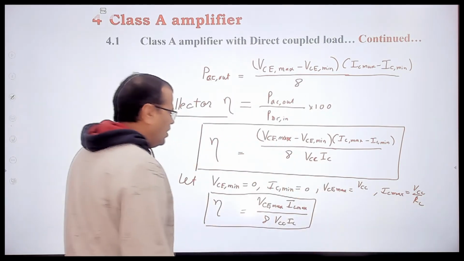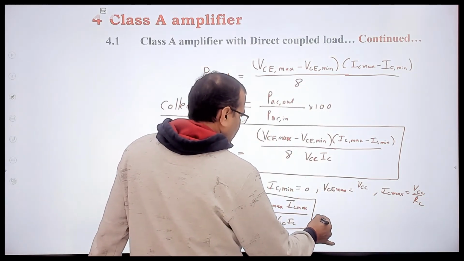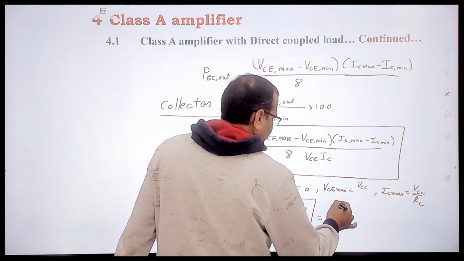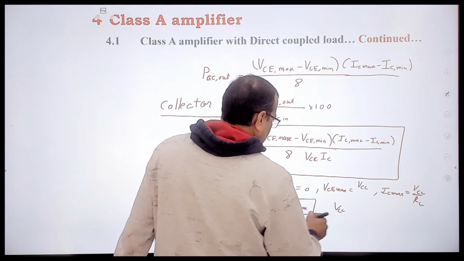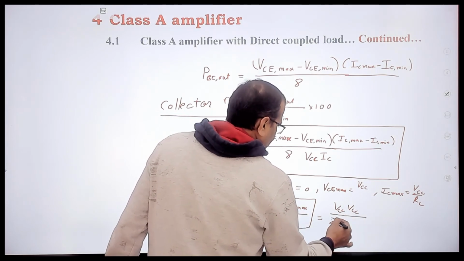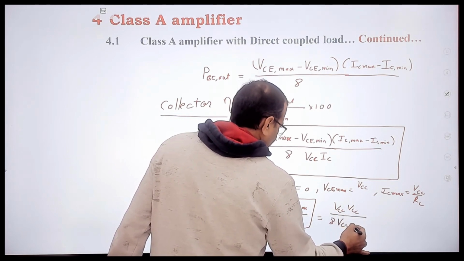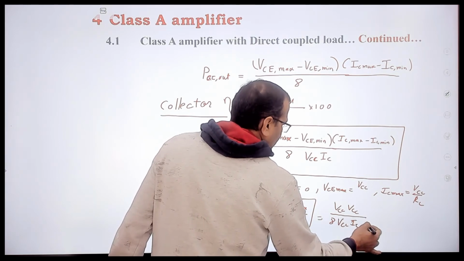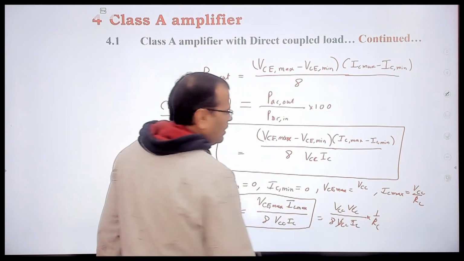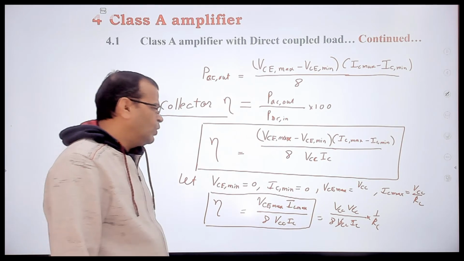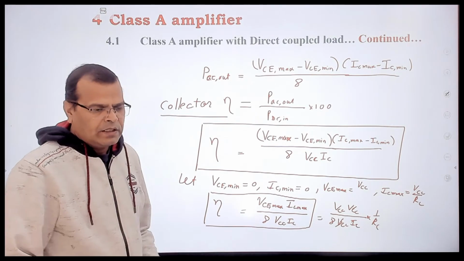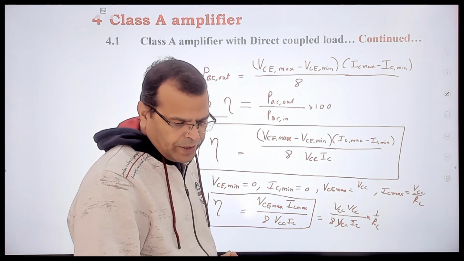It cannot go beyond that. So you can write this as V_CC into I_C max, that is V_CC whole, divided by 8 V_CC into I_C, multiplied by 1 by R_C. So V_CC and V_CC get cancelled out.